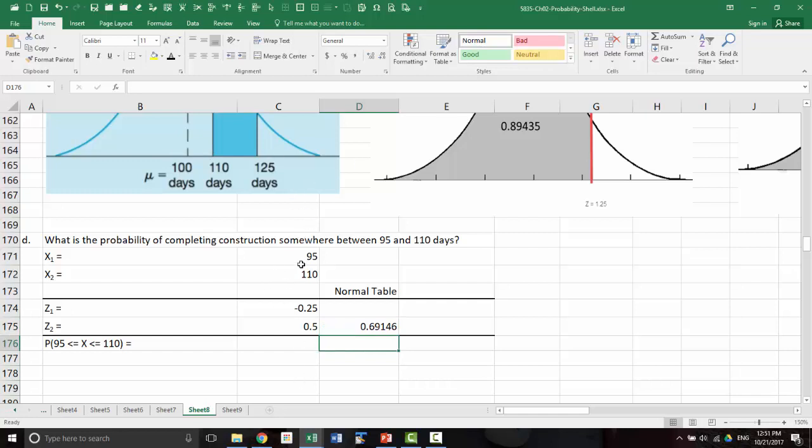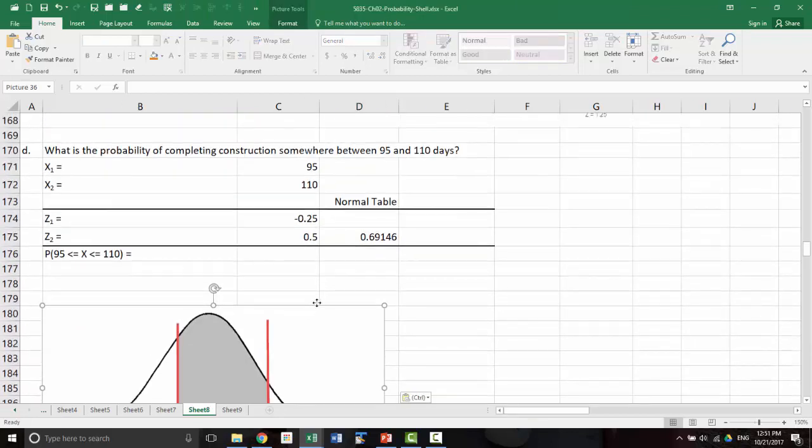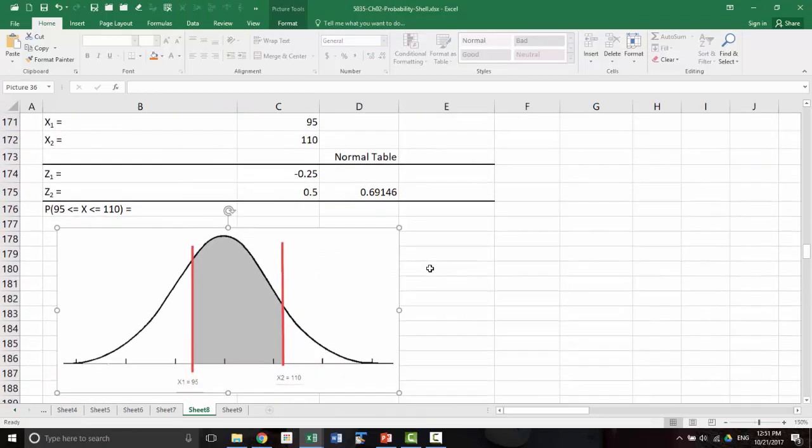Before that, what does this probability look like? It looks like this. This is 95 and this is 110, and this is the center, mu equal to 100.